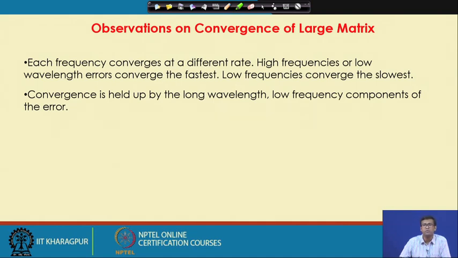The solution which is converging among many grid points has a wavelength of the order of the number of grid points, and that error is reducing in the slowest way.